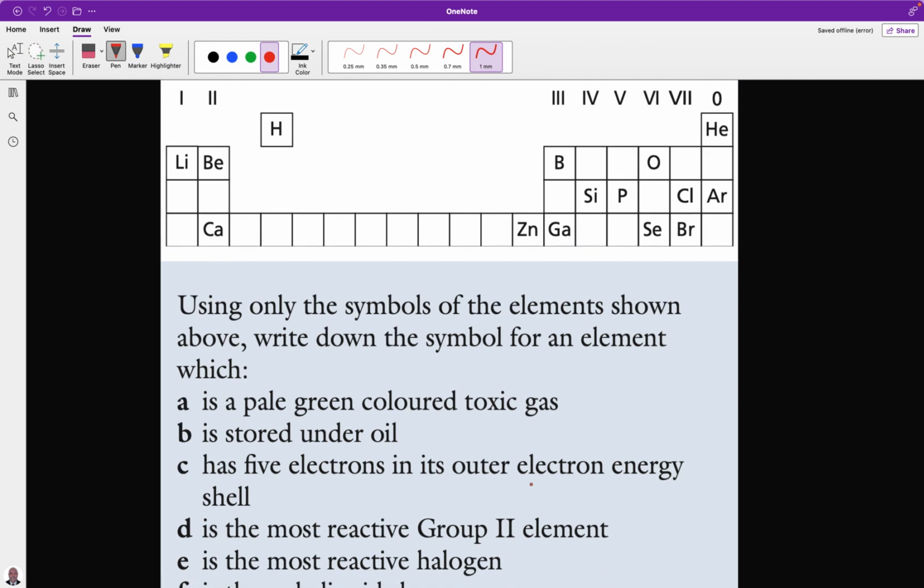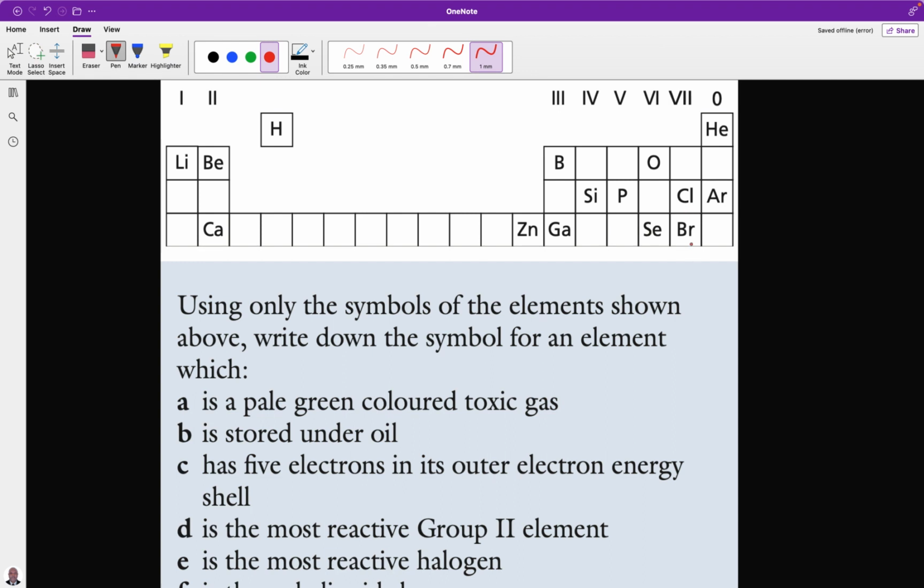When we were discussing halogens, group 7, I told you that they change state from gas, which is chlorine, to liquid, which is bromine, and to solid, iodine.